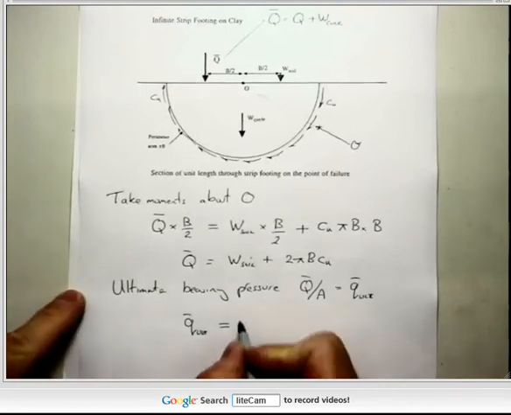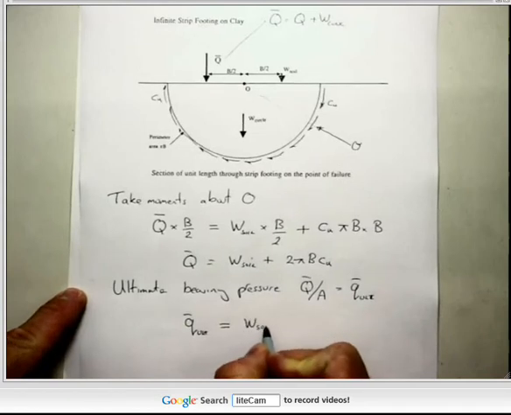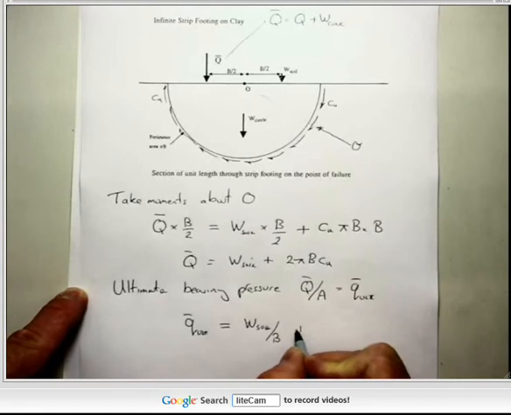And what we get is W soil upon B plus 2 pi Cu.